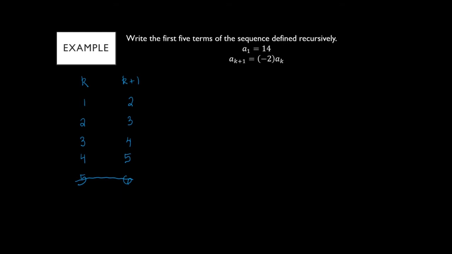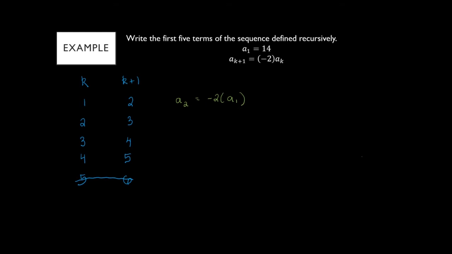So I find it helpful to actually plug in those numbers. So we have a sub k plus 1, so that's going to be a sub 2 equals -2 times a sub 1. So I like to plug in my numbers for k and see the formula before I start to try to plug in what my values are, because it just makes it a lot easier to see what's going on.